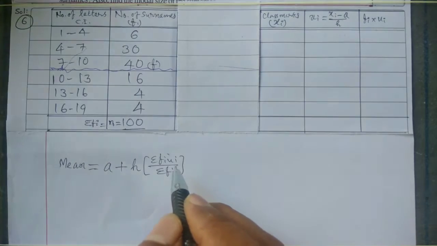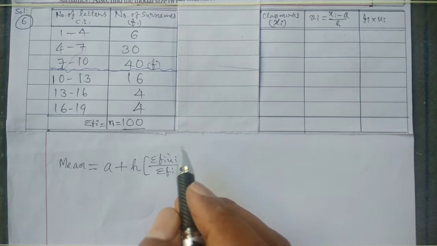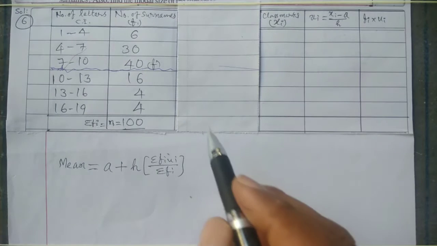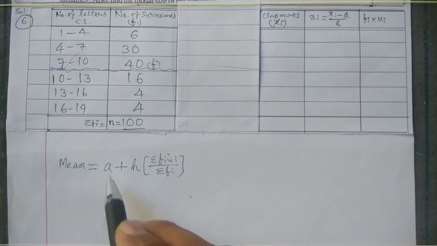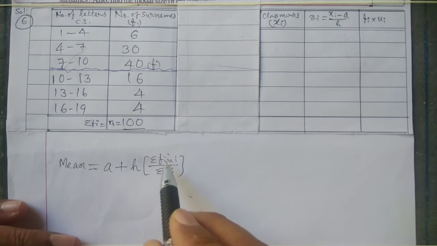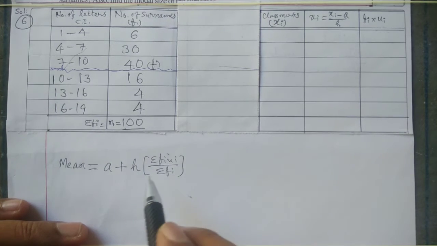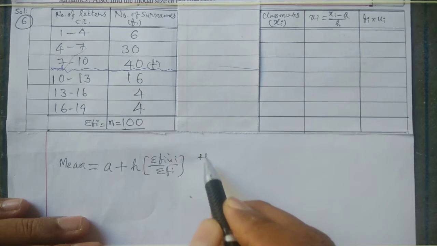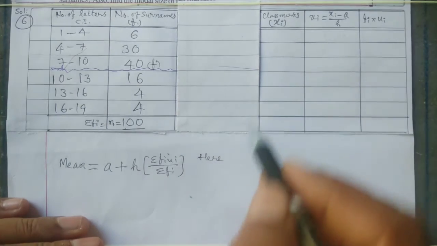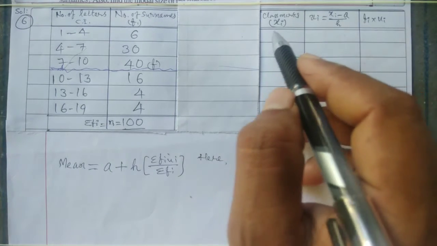This is the formula for finding mean. In this, we have to know A, H, sigma Fi Ui and sigma Fi. To know these values, we have to complete this table.